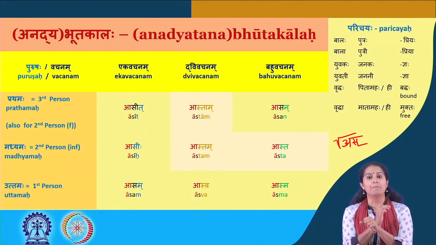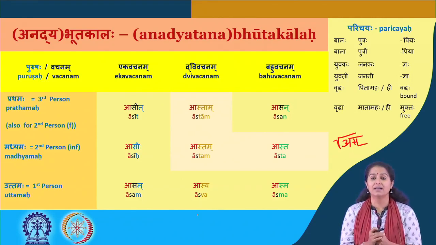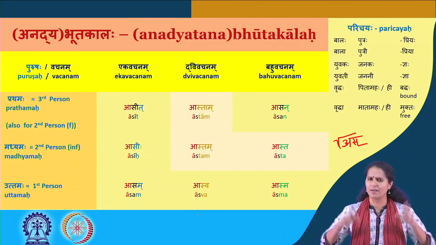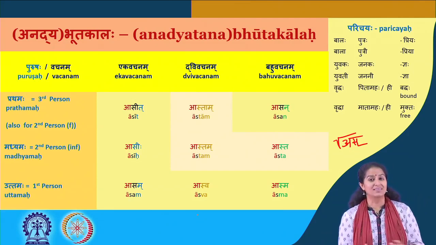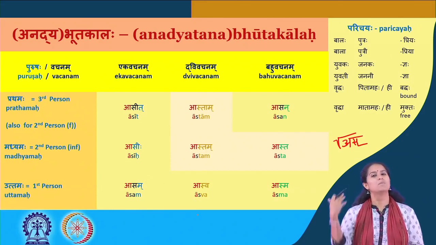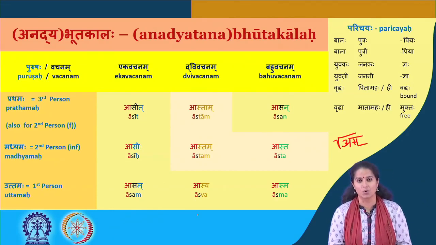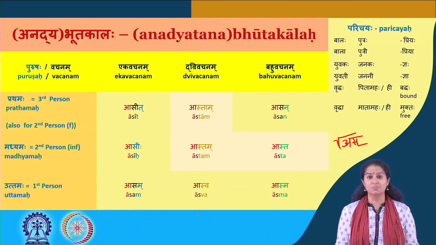And baddhaha, bound: aham baddhaha, a man will say, and a lady would say aham baddha asam. And now I am free, you would say aham muktaha asam, aham mukta asam, meaning I was free. Alright, so let's move on now.